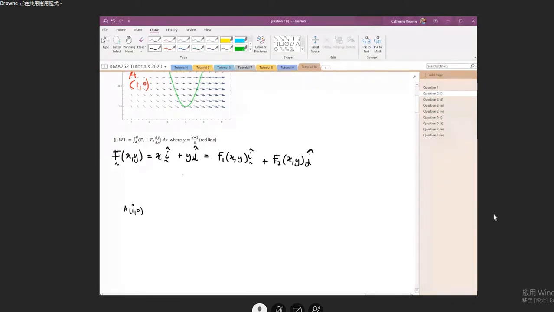We're going from A to B in this direction. And so my integral from A to B, we want to find f1 dx plus f2 dy along the line y is equal to (x minus 1) on 5.